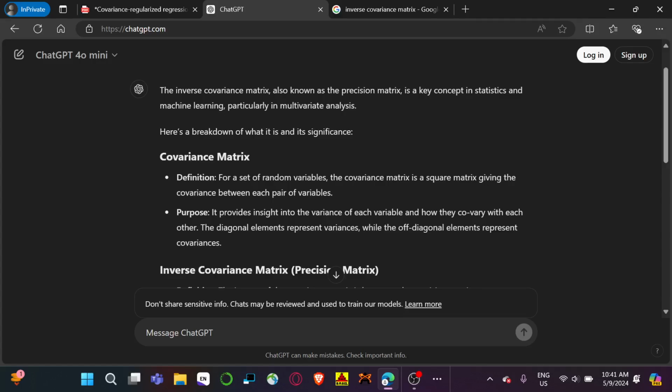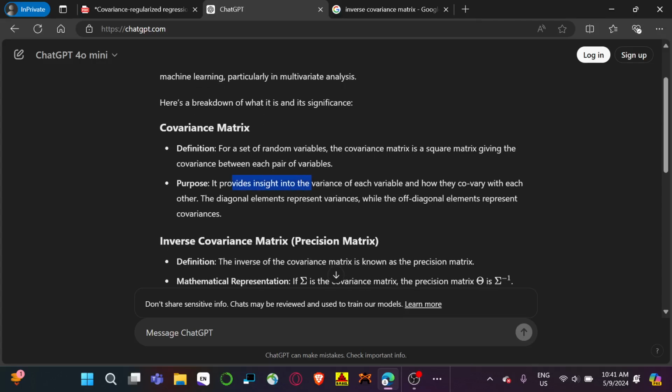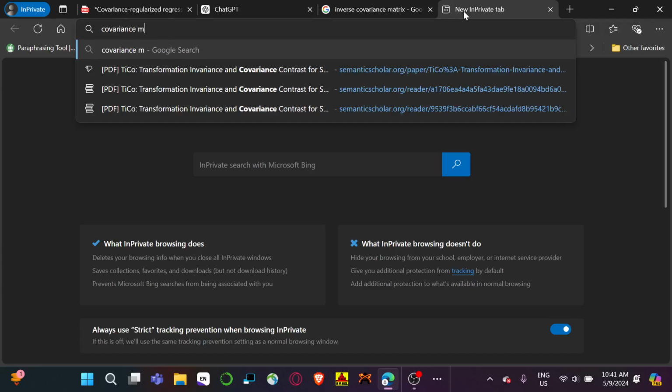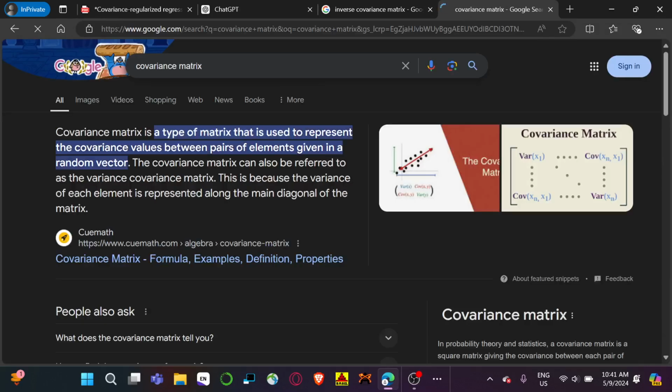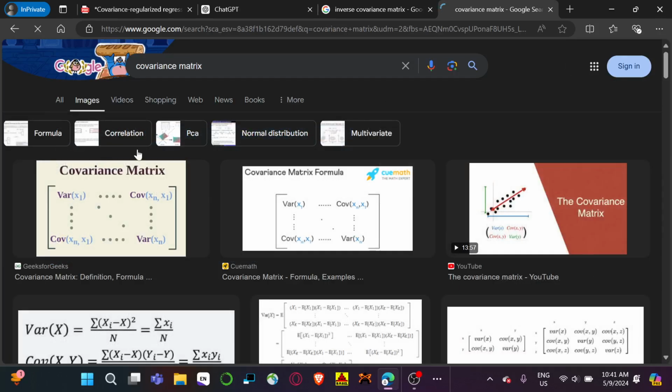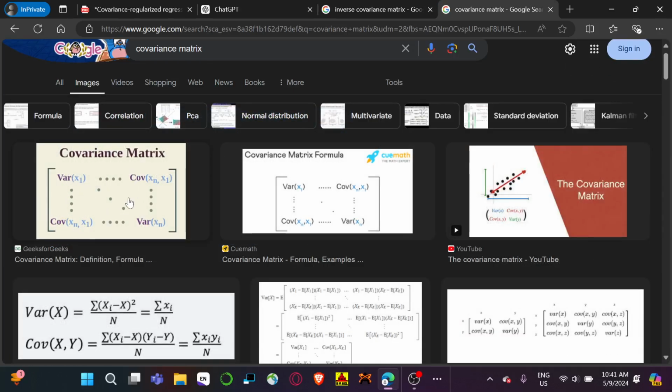So it's essentially something like a correlation matrix in that sense. It provides insights into the variance of each variable and how they vary with one another. It looks something like this, and I think that's fairly understandable.